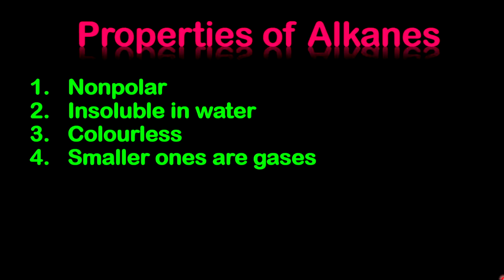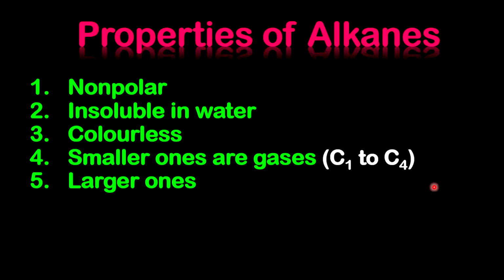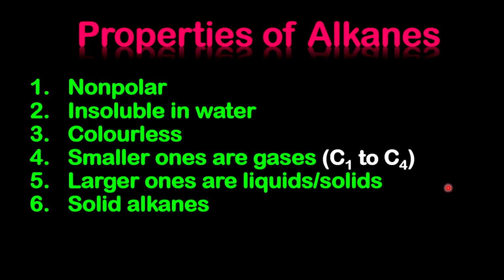The smaller alkanes are gases, so anything ranging from 1 carbon to 4 carbons in the alkane series are gases. The larger ones are either liquids or solid. So above the 4 carbons will be liquids, then solid. So they start as liquid, then the more complex ones will be solid. But a point to note is that the solid alkanes are generally waxy in nature.